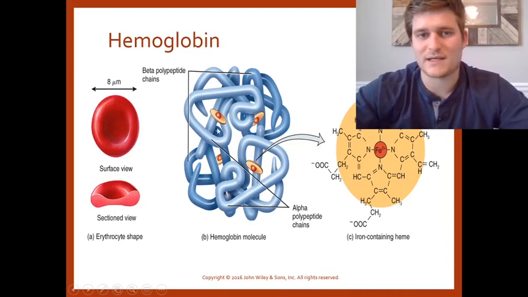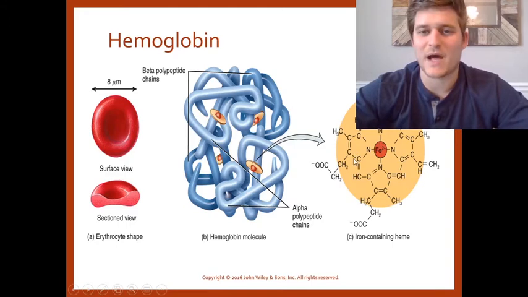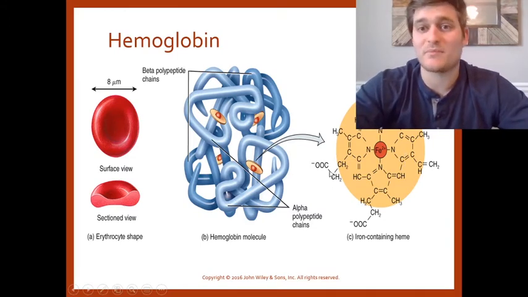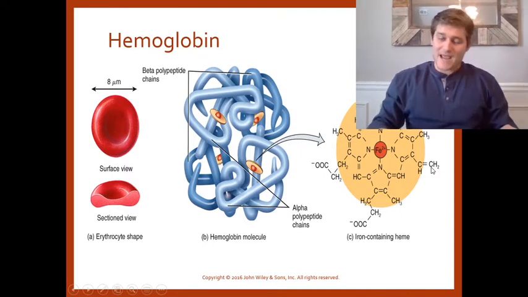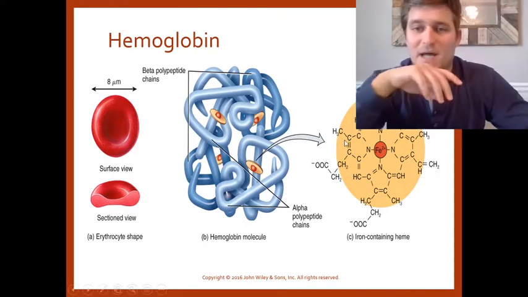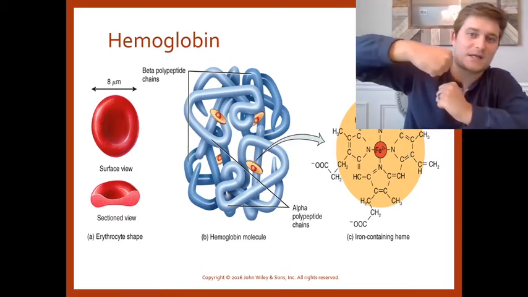In the center here is that iron molecule surrounded by, and this is probably a little bit advanced and for upper level courses, amino acids called histidines. When oxygen comes along, it is going to bind to the center here, and these amino acids are basically going to lock it into place.